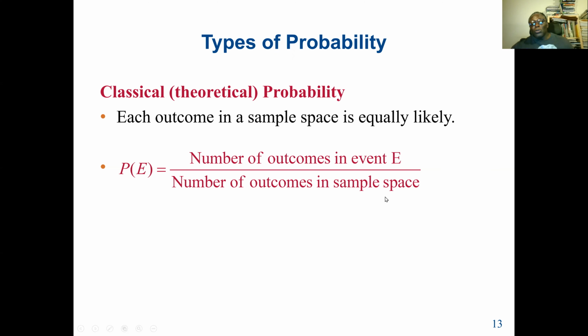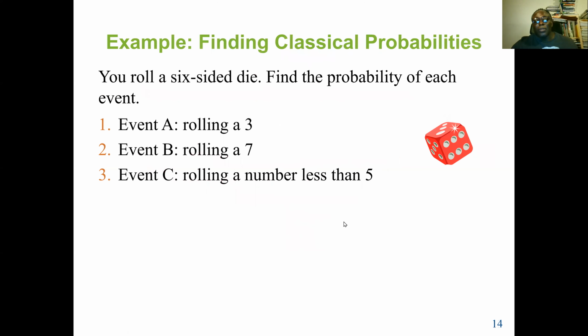A very simple example would be we have 10 apples, 6 red and 4 green. What is the probability that we are going to pick a red one? Since red is 6, it will be 6 over the total, which is 10. So that's the concept of classical probability.